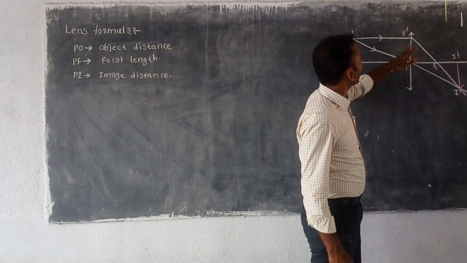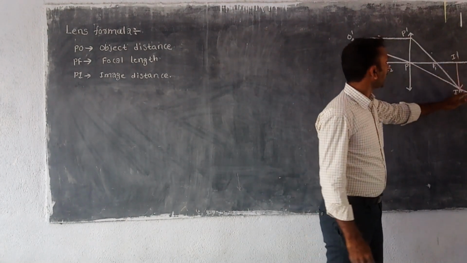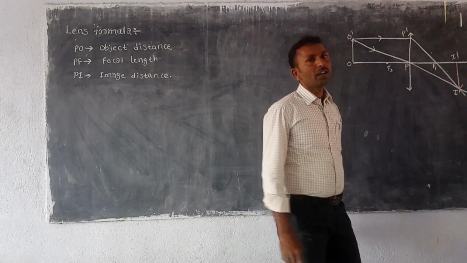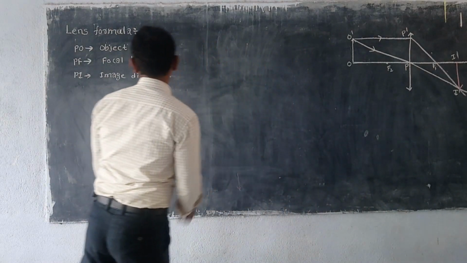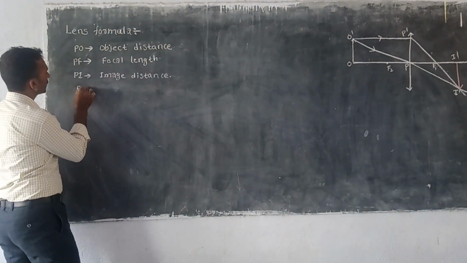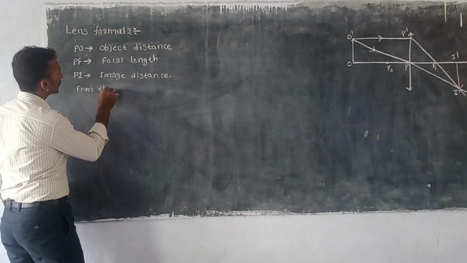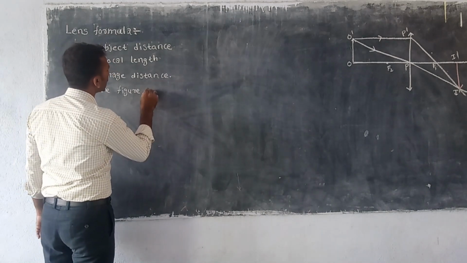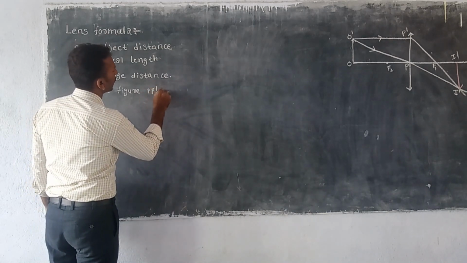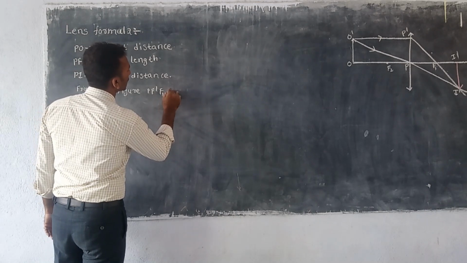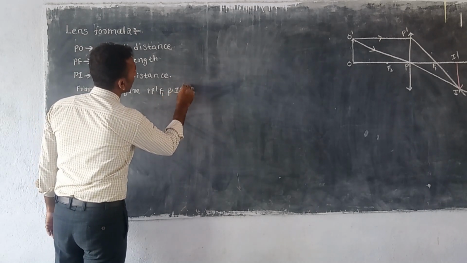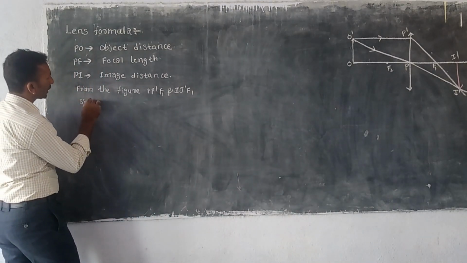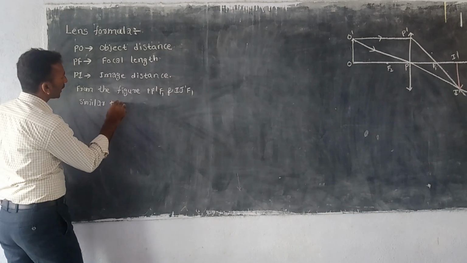Write that here. From the figure, those triangles are P dash F1 and I dash F1. Both are similar triangles.